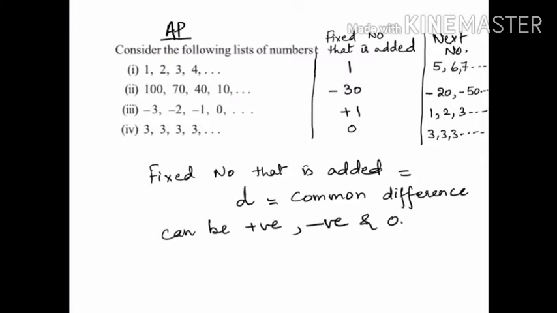But remember, it is always the number that is added. So when we have a negative common difference, the list of numbers goes on decreasing.